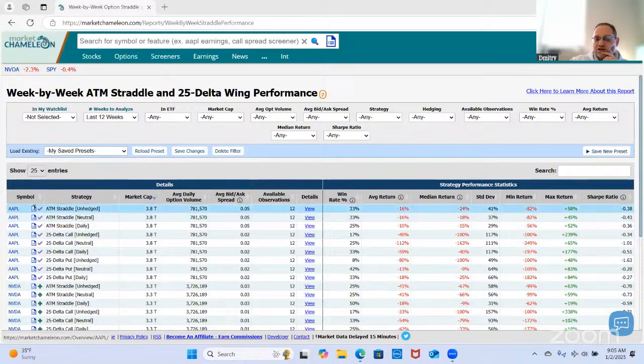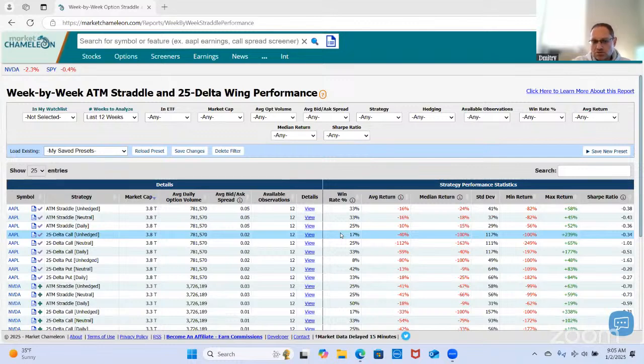I'm going to go from left to right to describe what these data elements or statistics mean, and then we're going to perform a couple of screens, narrow down candidates, and discuss those results.